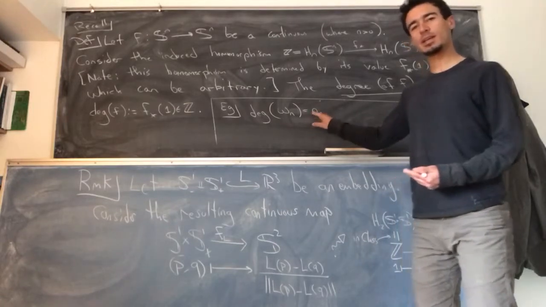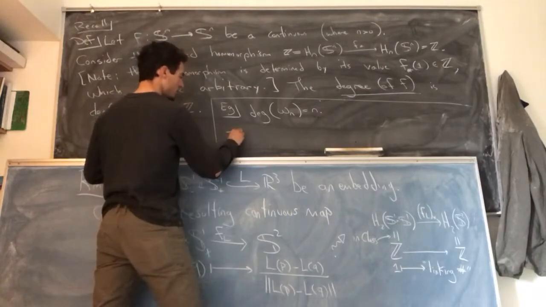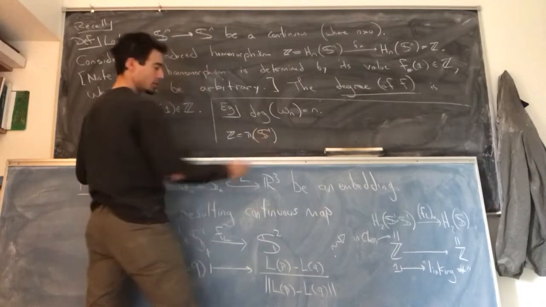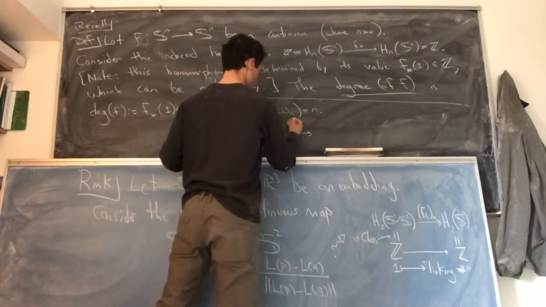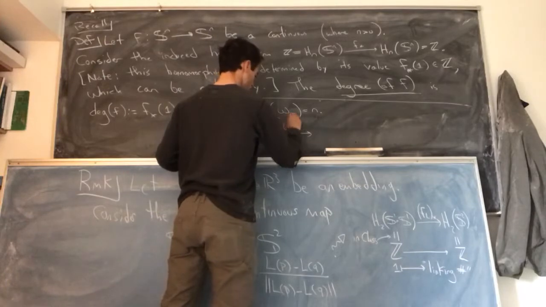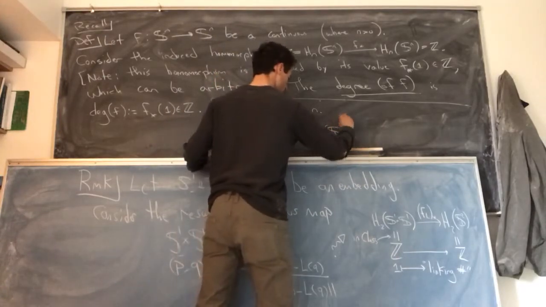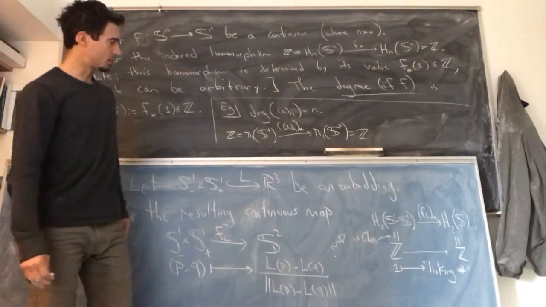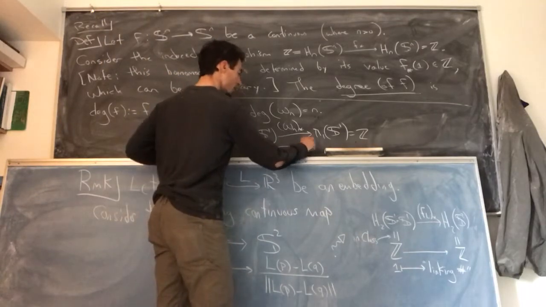One way to see this is that we already saw that the map on fundamental groups, I'm ignoring base points, carries 1 to n.